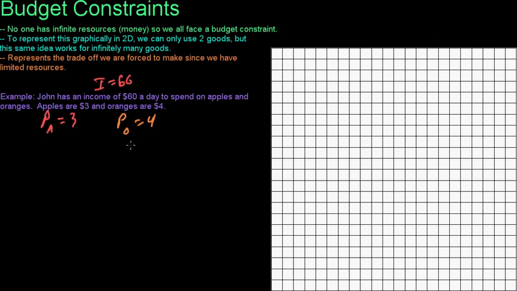So we want to write out an equation that represents these three things. First I'm going to write this in abstraction and then I'll write it for this example.